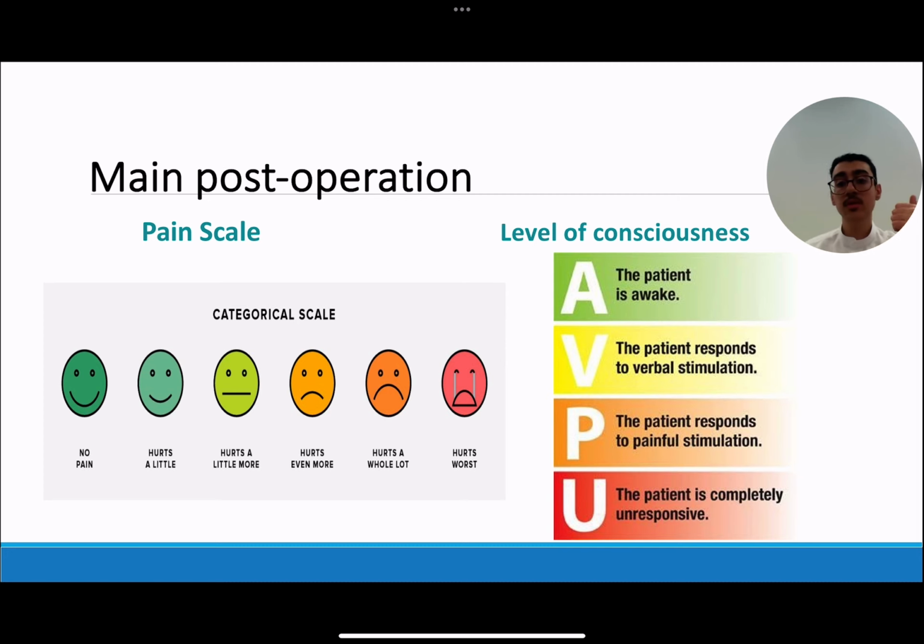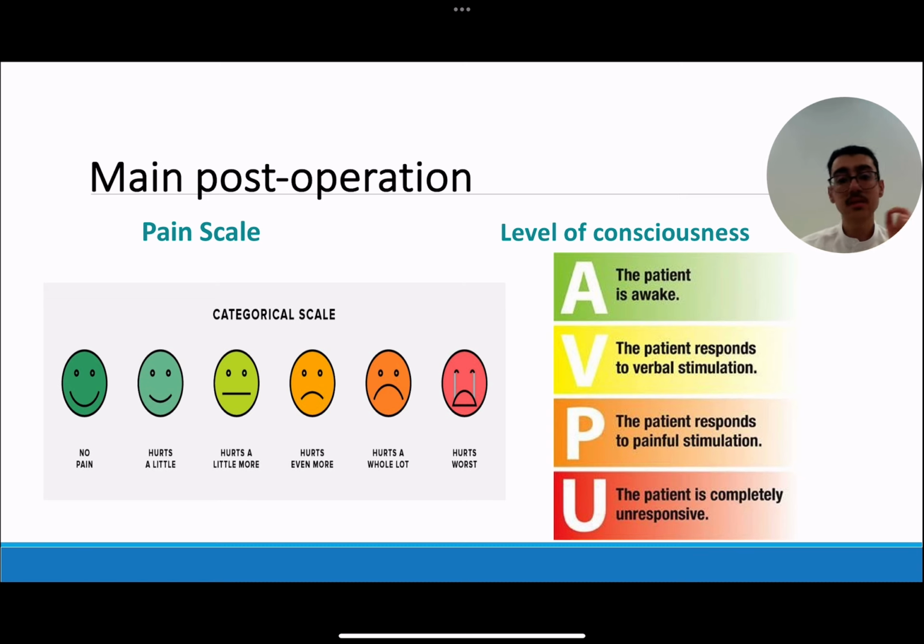Level of consciousness is A, V, P, U. A means the patient is awake, everything is good, and he can go to his family. V means the patient responds to verbal stimulation, so he can hear and maybe he can talk to you and so on.